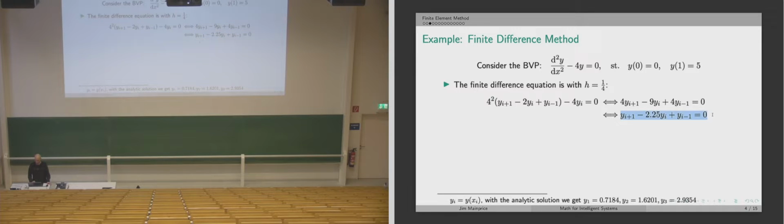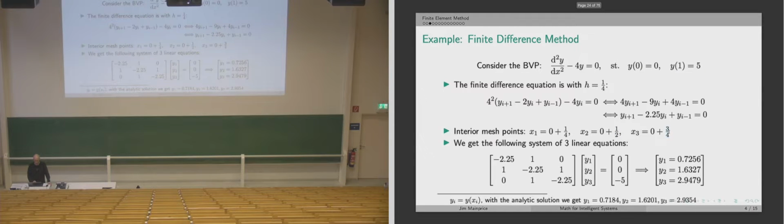So there are equations corresponding to all the grid points, sorry, the mesh points, and the mesh spacing is 1/4. So the boundary condition here was at 0, so 0 plus 1/4, 0 plus 2/4, and 0 plus 3/4.